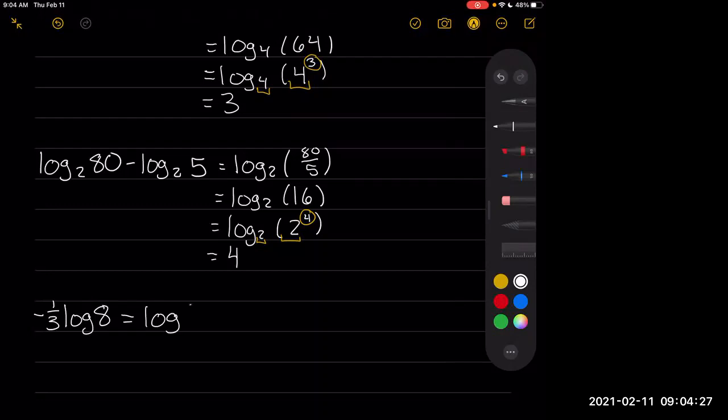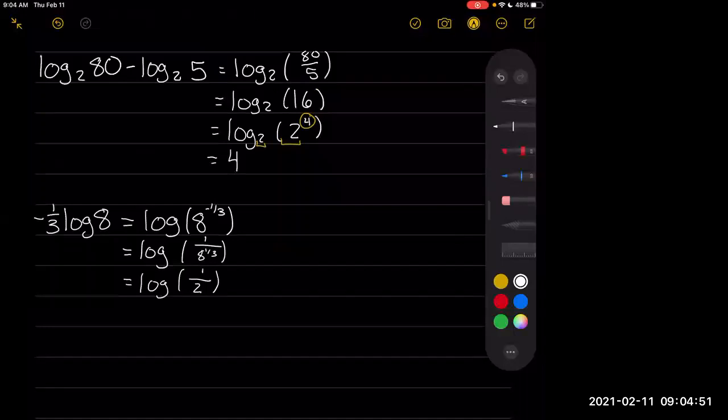So then here we'll bring that negative 1/3 in as our power. And so this is log of 1 over 8 to the 1/3, and the cube root of 8 is 2, so it's log of 1/2.